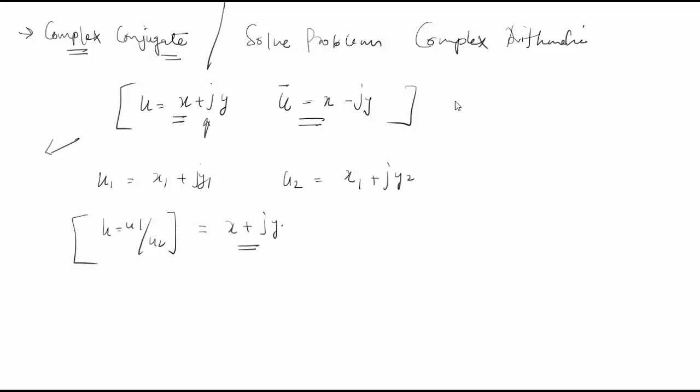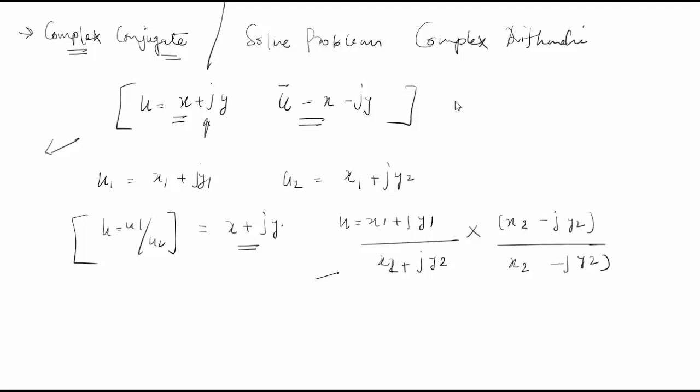To simplify this, it was possible to do it like u is equal to x1 plus jy1 divided by x2 plus jy2, into the complex conjugate of the denominator, x2 minus jy2 over x2 minus jy2. So whatever we did there was the complex conjugate of u2.